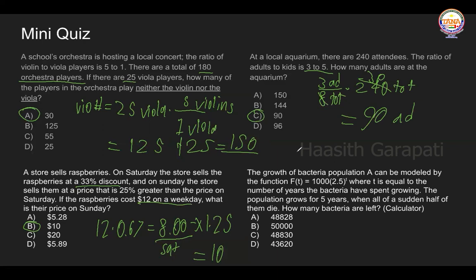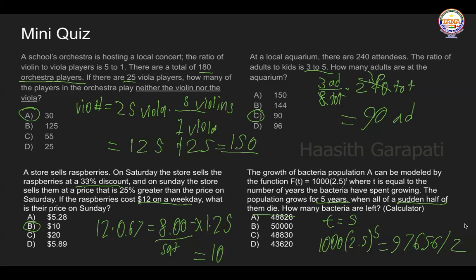And then, for this last question, it was a simple function problem. You didn't have to do this by hand. Remember I said you could use your calculators. This is an exponential function. So simply all you had to do, it says the population grows for 5 years, so T is equal to 5. So you simply do 1000 times 2.5 to the power of 5, and you should have got a value something like 97,656, and then it said half of them die.